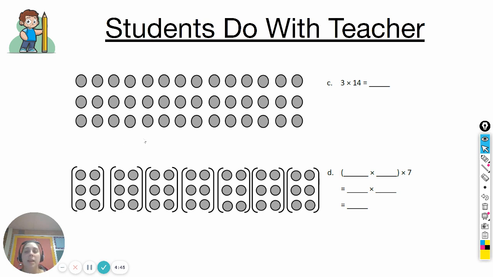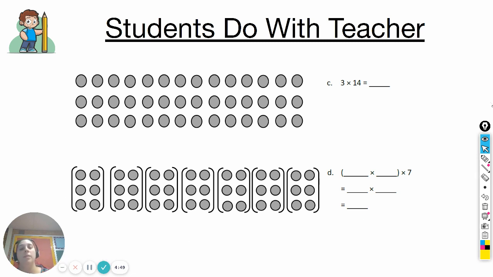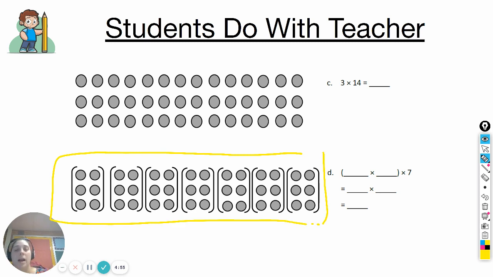So I'm going to give you about a minute to draw this array down here. I want you to draw this array on your whiteboard. Make sure that you leave enough room to work on our problem off to the side. So draw this array as you see it, and then we're going to work it out.